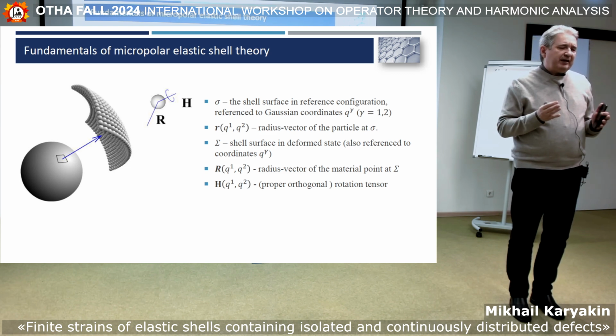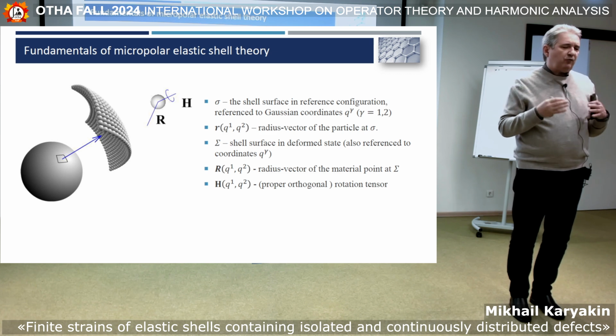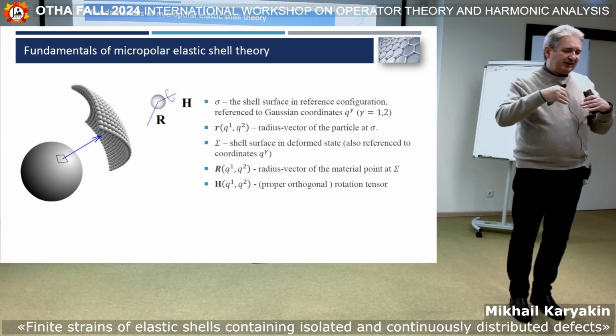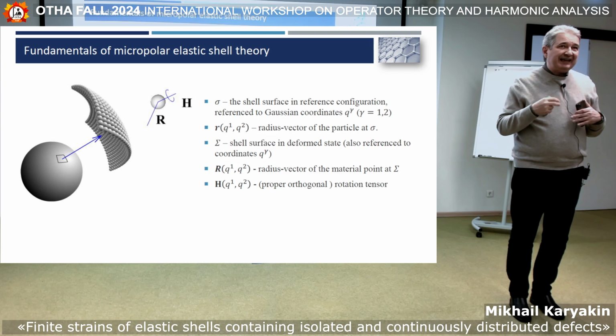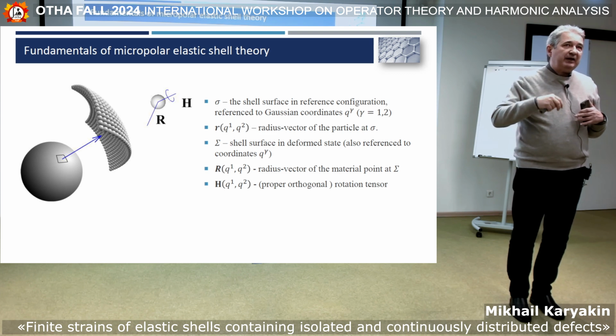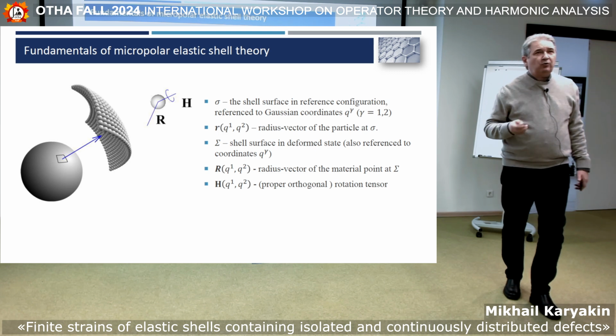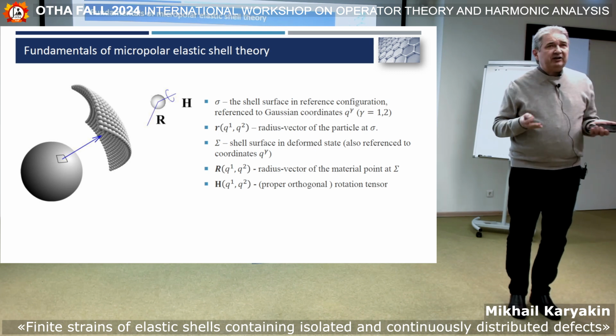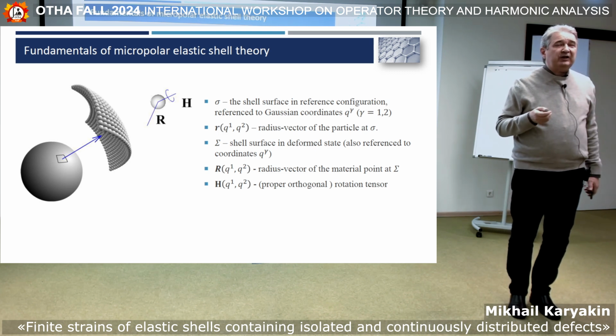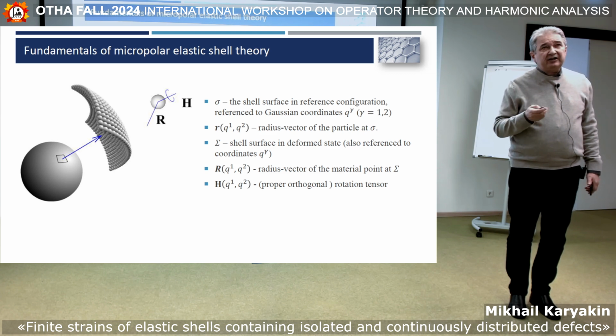Of course, when we deform the shell, our particles rotate, but also they can rotate in some sense independently from that main deformation of the body. So we have the so-called macro deformation, and at the same time we have the ability of micro rotation of our particles.